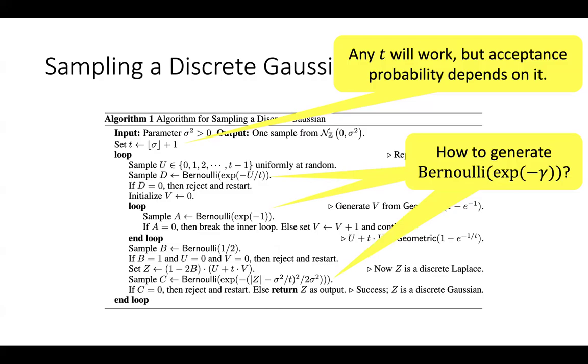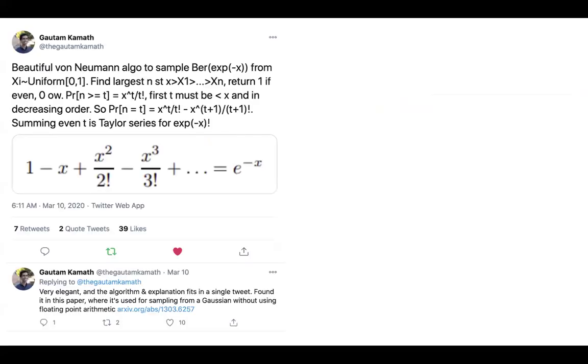So I still need to come up with a routine for sampling from a Bernoulli with probability e to the minus gamma. So how do we do that? That's where Gautam's tweet comes in. So Gautam's tweet is precisely the algorithm that's missing to make our method work.